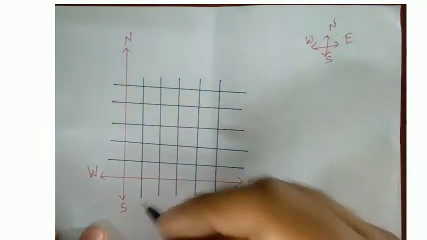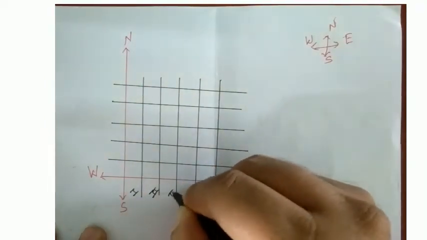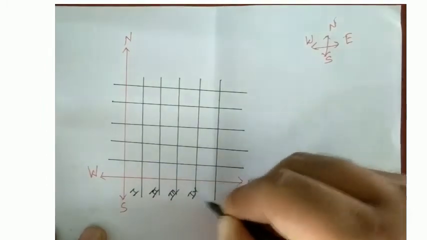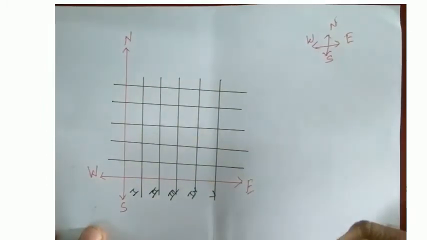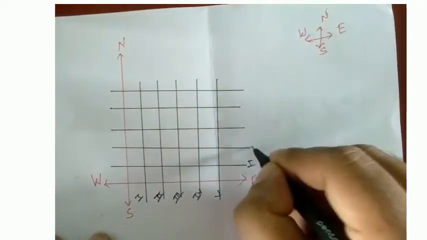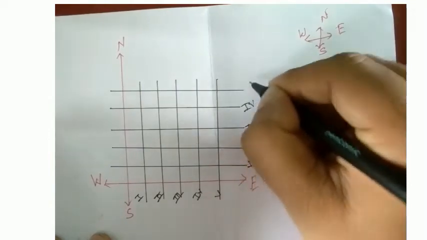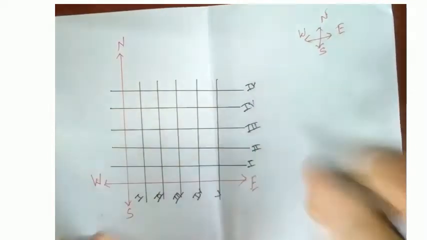Okay, we can write first, second, third, fourth and fifth. Similarly, this is our first, second, third, fourth and fifth.